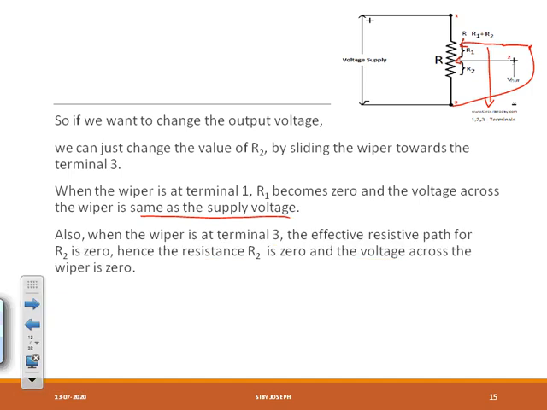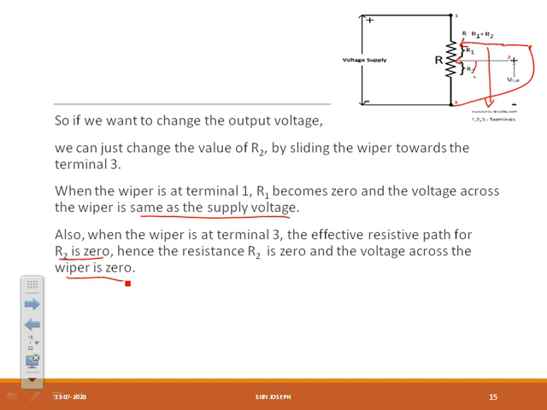Also, when the wiper terminal is at 3, the effective resistance path R2 is equal to 0, because we want to calculate the voltage across R2. The wiper voltage is 0. The two conditions are there.